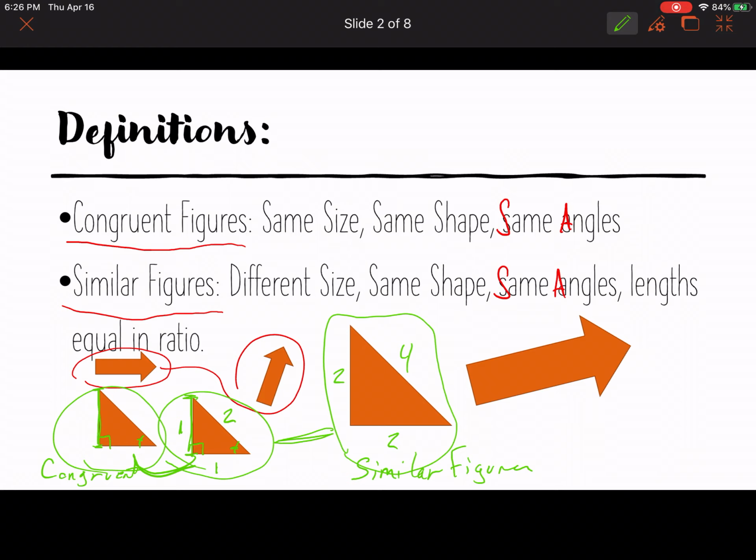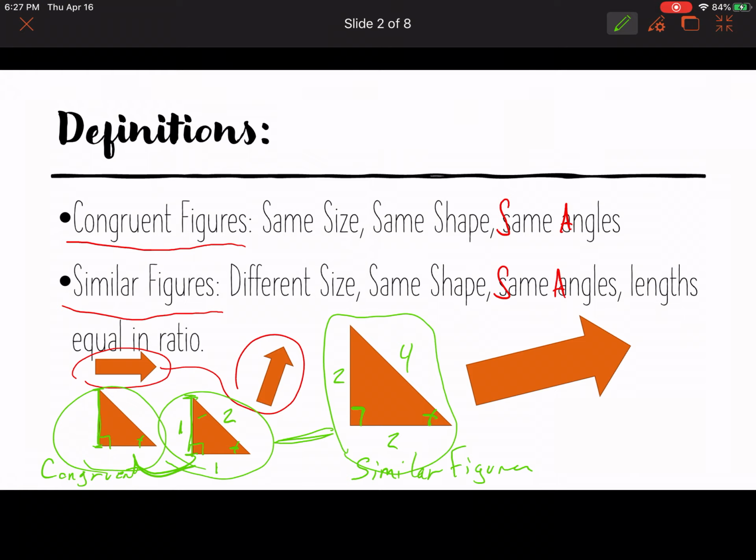So this is still a right angle. This angle is still equal to the little triangle's angle. They're the same angles. The only thing that's different is the length of the sides, but their ratio is still equal to each other. We've still got a 1, 1, 2 ratio. We've just multiplied it by 2. We've got a 2, 2, 4.